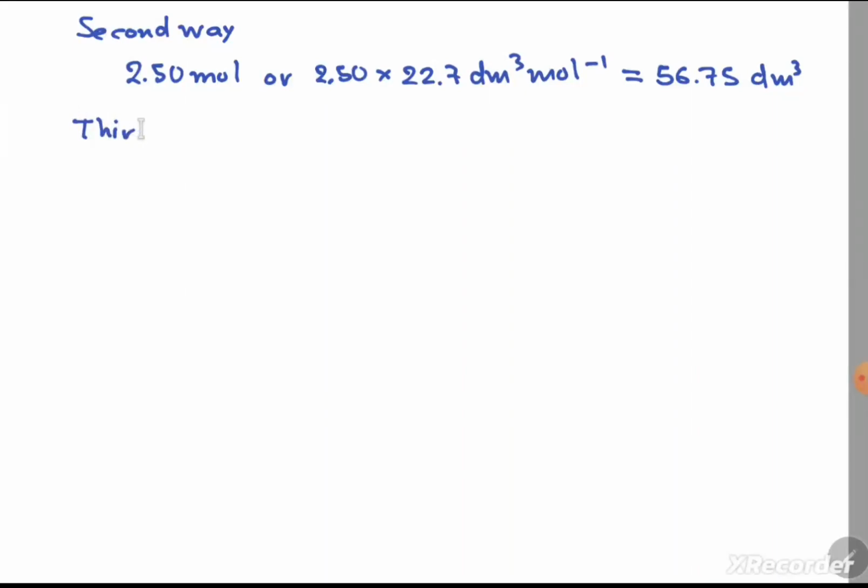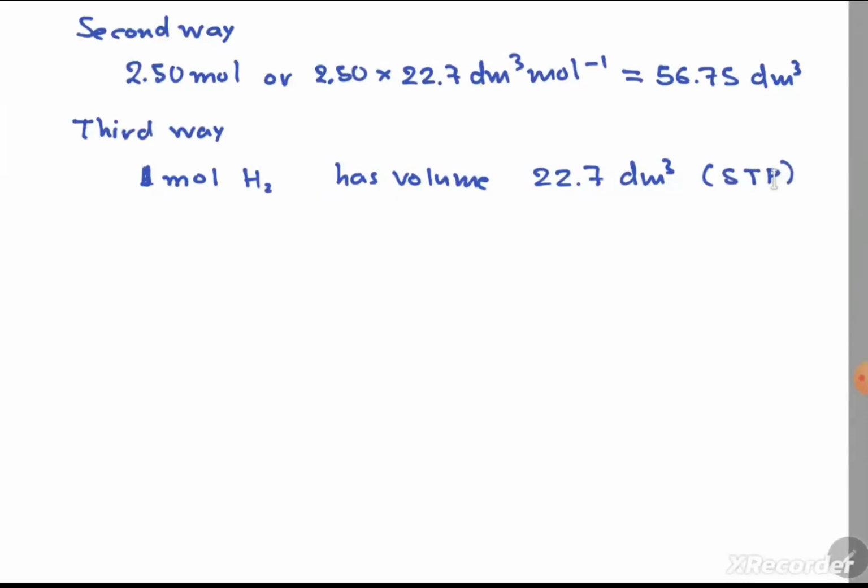And the third way, we know that 1 mole hydrogen has volume 22.7 dm to the cube at STP. 2.50 mole hydrogen, which volume is occupied.